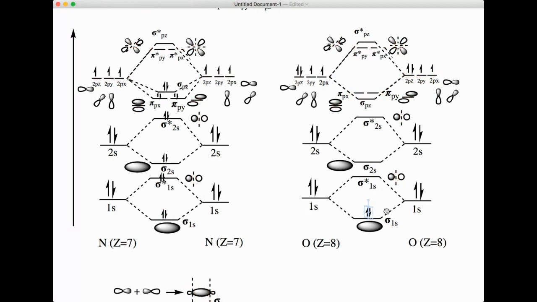So we have 2 here, 4, 6, 8, 10. No, no, the anti-bonding does not change.